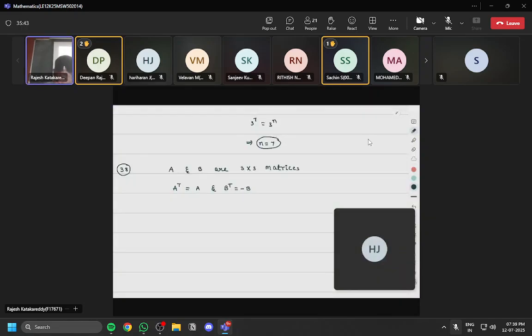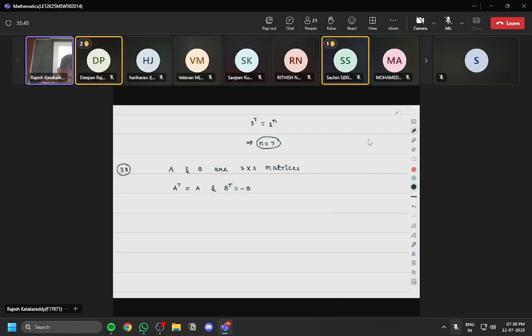We are in between this problem, so this much we wrote. I wrote all the details which are given in the problem.